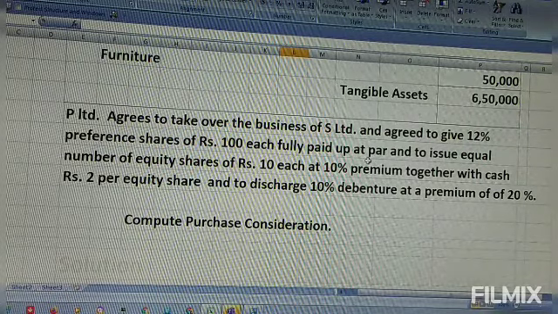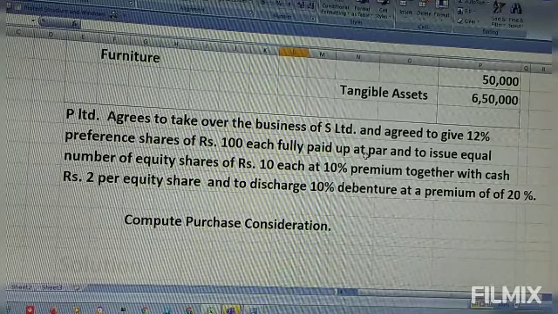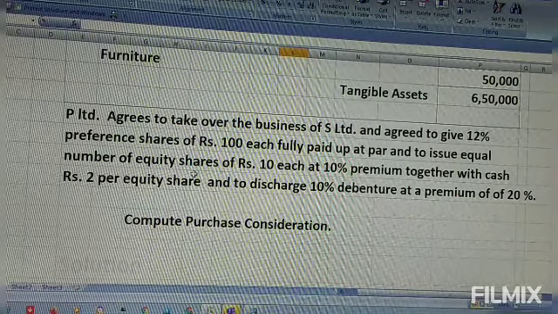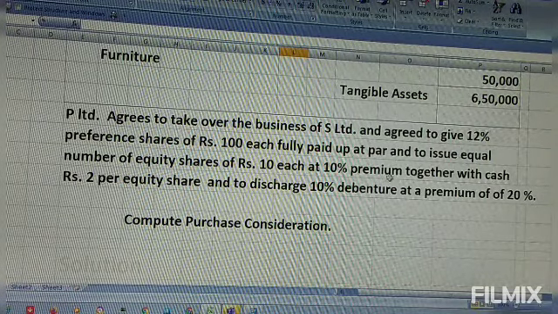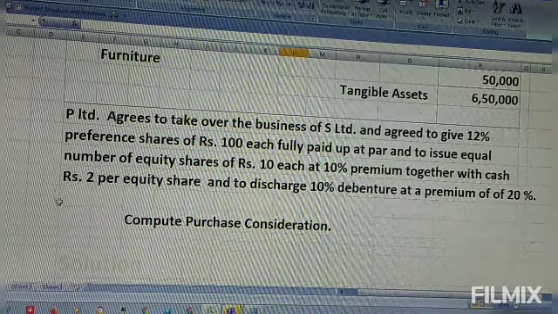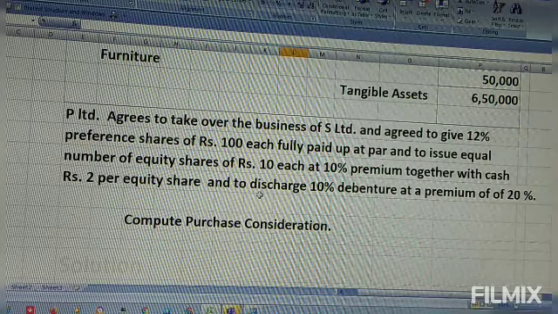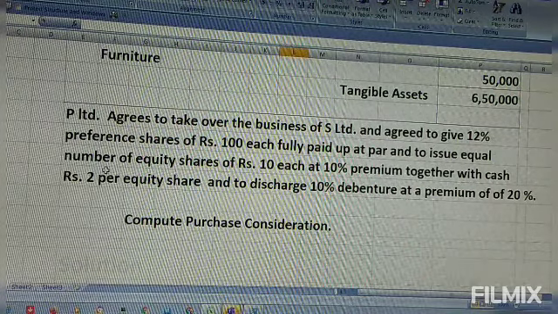At par means the face value. With that face value only it is going to issue. And to issue an equal number of equity shares of rupees 10 each at a 10% premium together with cash rupees 2 per equity share, and to discharge 10% debentures at a premium of 20%. Like this the information is given.